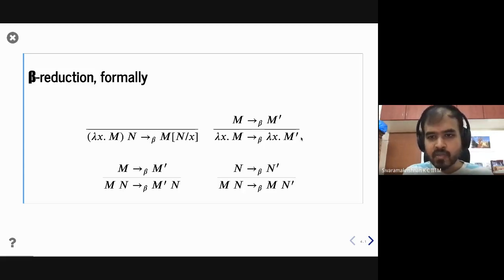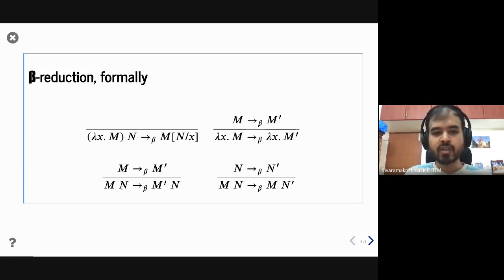So let's ignore this for now. Let's look at these two rules, which are sort of simple. They say if you have an application, and you can reduce the left-hand side of the application one step, then you can reduce the whole thing one step to m prime n.